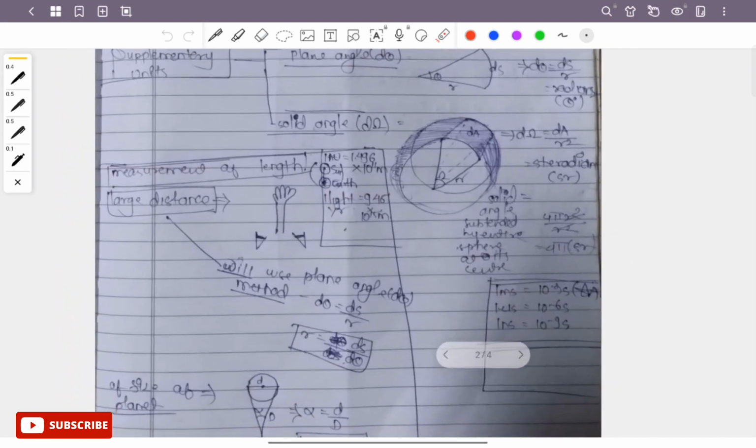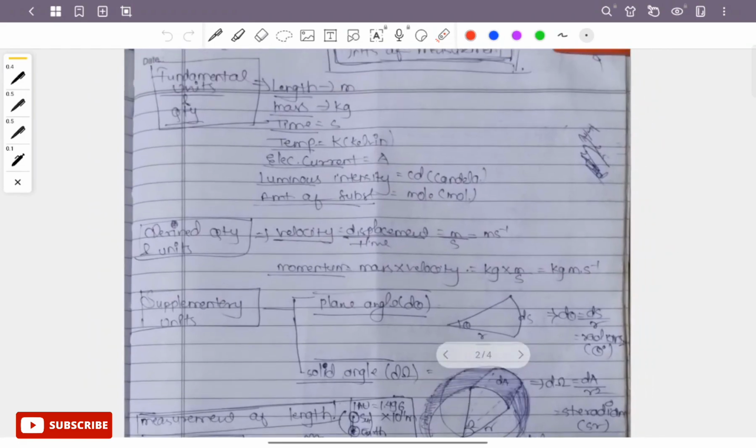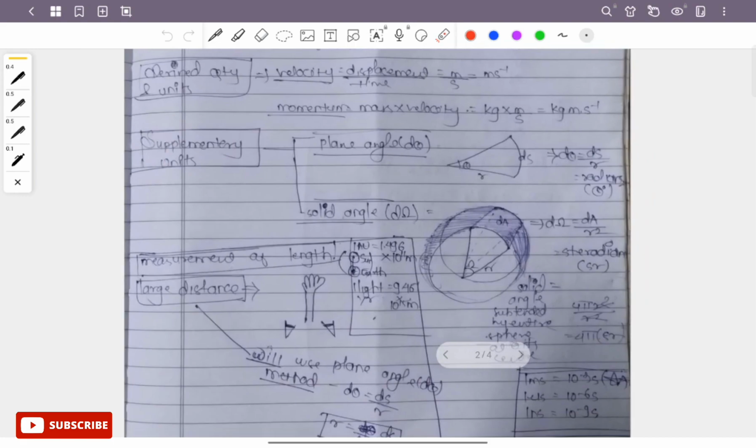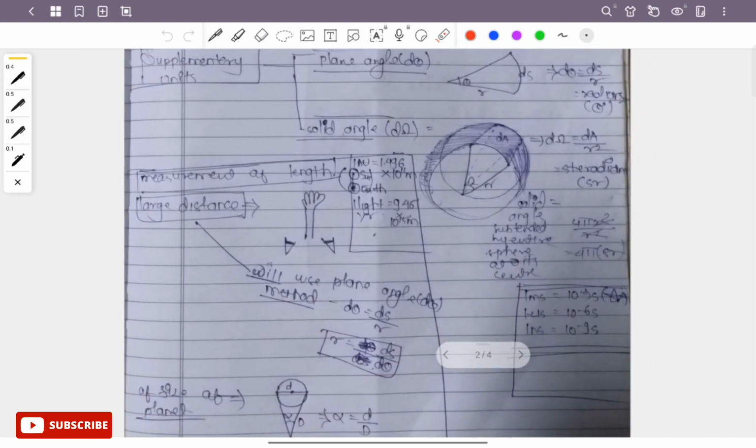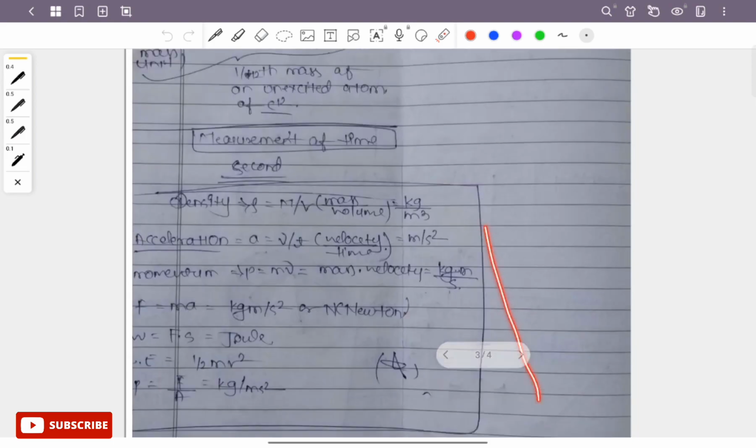So we have covered these topics: fundamentals, units, derived quantities and their units, supplementary units, and the measurement of the larger distance and the size of the planets. Now we're going to move to the next page.